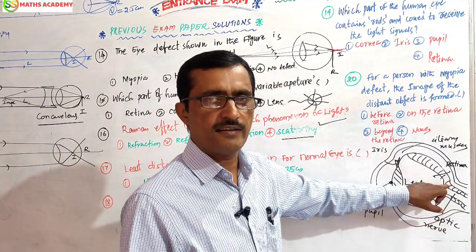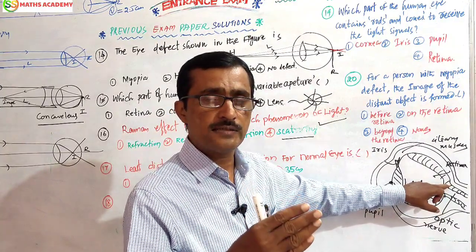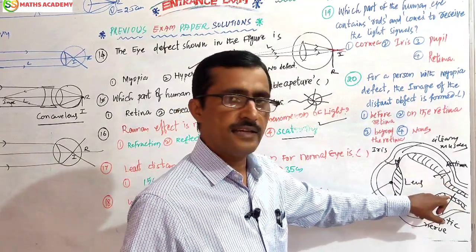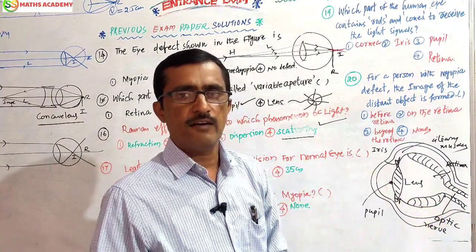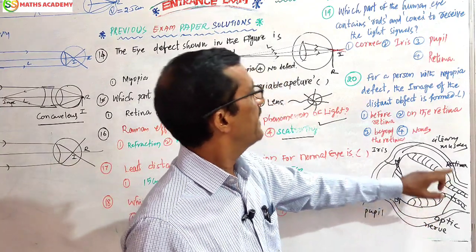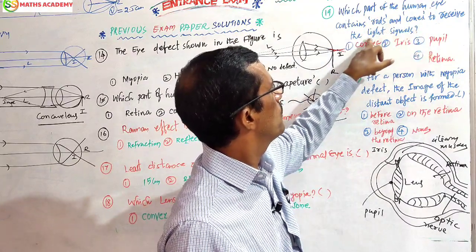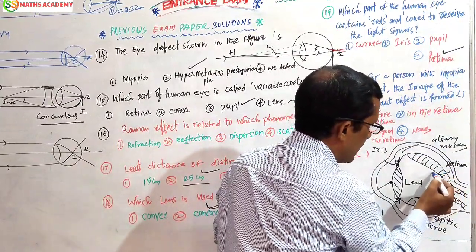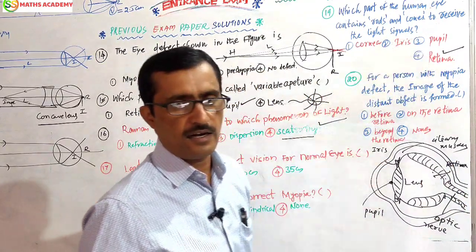These rods and cones absorb the light signals and transfer them to the brain. The brain interprets these signals, and then we have the sensation of vision. So the retina is the correct answer. You see, this is the retina, and these are called rods and cones. Okay children? Right.